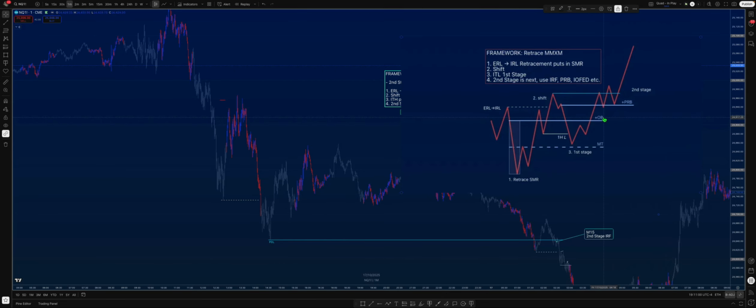You can see I've got some order blocks marked out on here. That's not so important, but as an example of the characteristics of each stage, with first stage of the market maker model, there should be an intermediate term low or high, which is a low that's lower than the ones to the left and right. And then second stage, the characteristic is that the market will be in a fast movement.